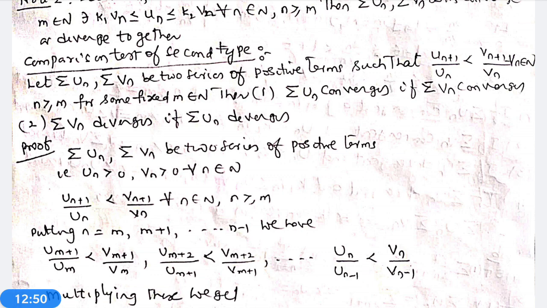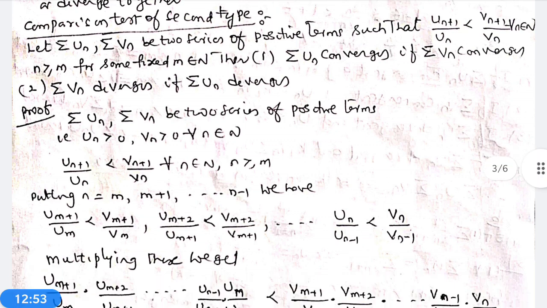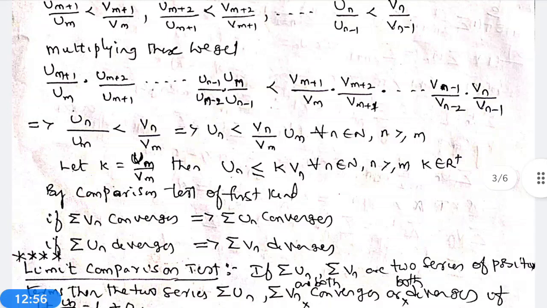Multiplying these, we get u(m+1)/um × u(m+2)/u(m+1) × ... × un/u(n−1) < v(m+1)/vm × v(m+2)/v(m+1) × ... × vn/v(n−1).